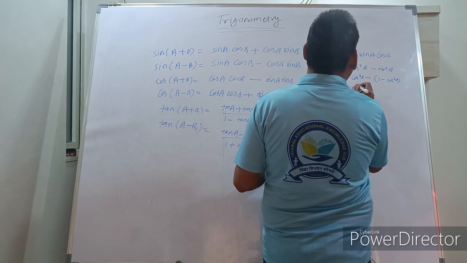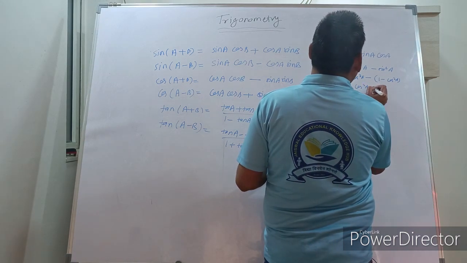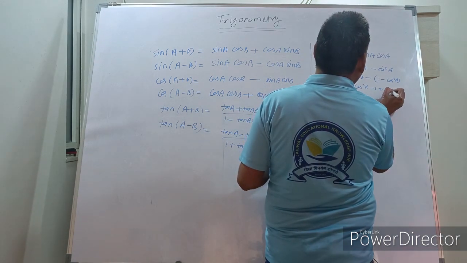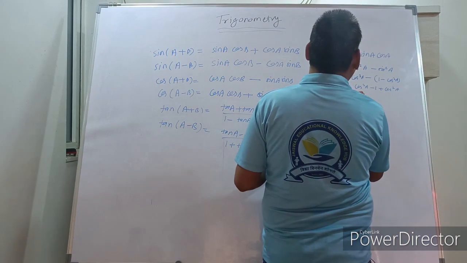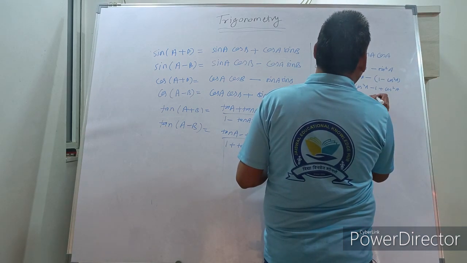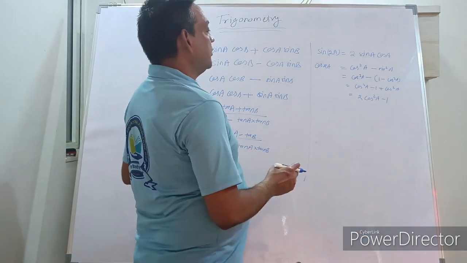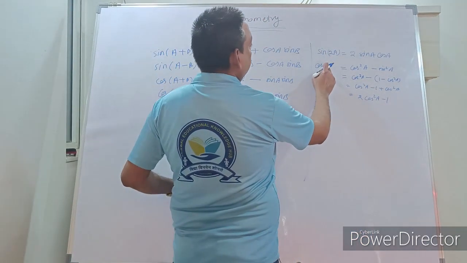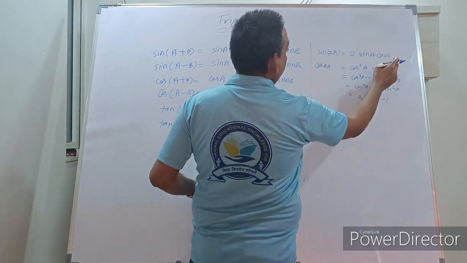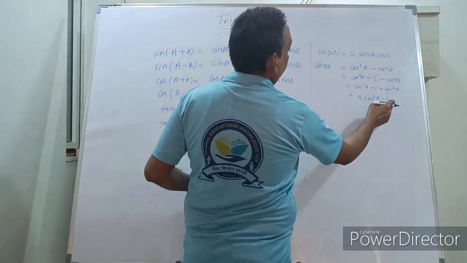So that becomes cos square a minus 1 plus cos square a, which is nothing but 2 cos square a minus 1, right? So the first formula is cos 2a is cos square a minus sin square a, or 2 cos square a minus 1.